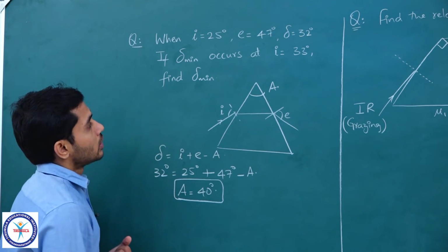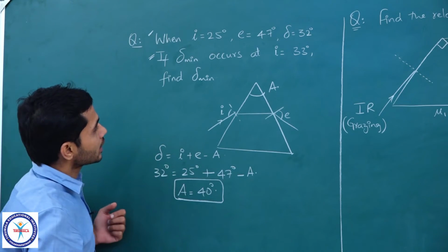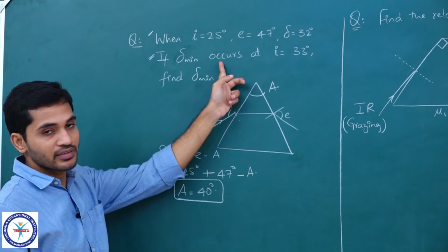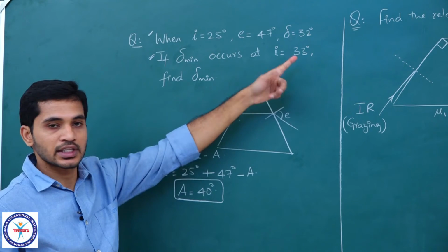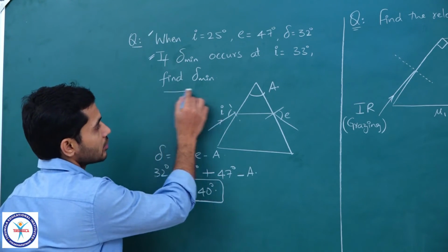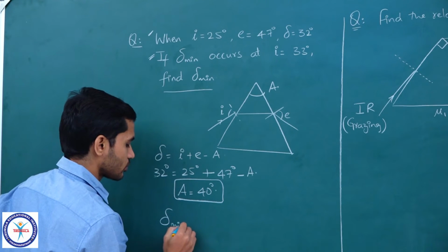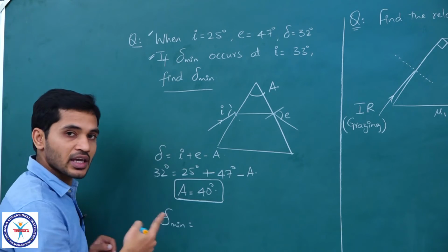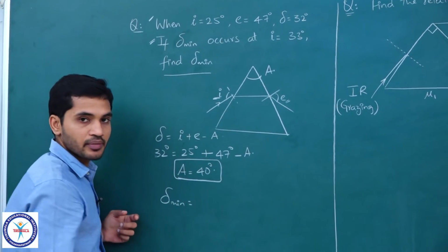Now, this is case 1 and this is case 2. In the second case, they are telling us that the minimum value of deviation occurs when the angle of incidence becomes 33 degrees. Find delta minimum. We know that delta minimum is nothing but I plus E minus A once again, but in the case of minimum deviation we know that I and E should be the same, correct.